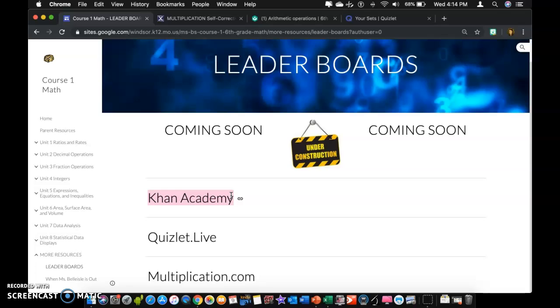And then I also have a leaderboard that will show up for Khan Academy that tells for each subject who has the highest percentage complete. So in one of my classes, I have a student who has 80% complete of ratios, rates, and percentages. So that's pretty awesome. So I keep track of those, and the kids can earn a 15-minute free time pass for being on the leaderboards.